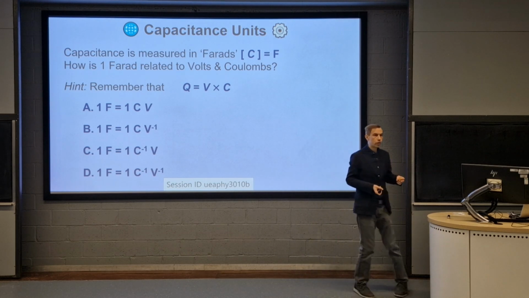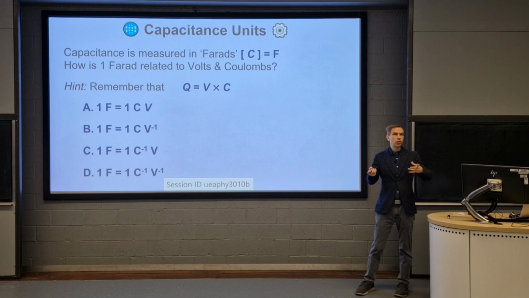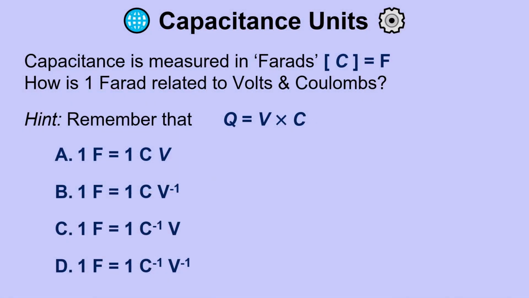Let's see what everybody thinks for how to relate the units for capacitance. What are those units of farads? If you're not sure with this one, you don't need to guess. We know that our charge is equal to the voltage times the capacitance. We know the voltage is measured in volts. We know the charge is measured in coulombs. So we just need to think, what do we need our units of capacitance to be to divide out the voltage and give us coulombs?